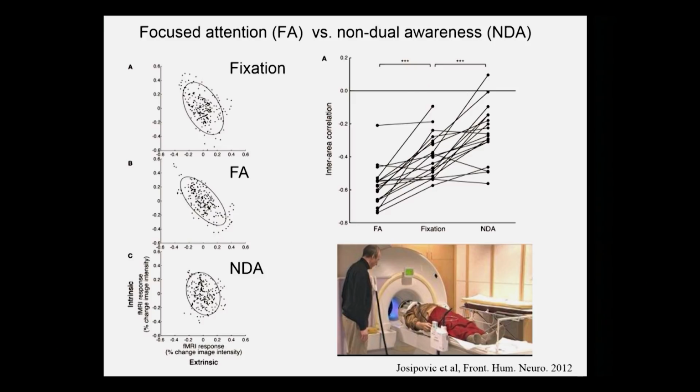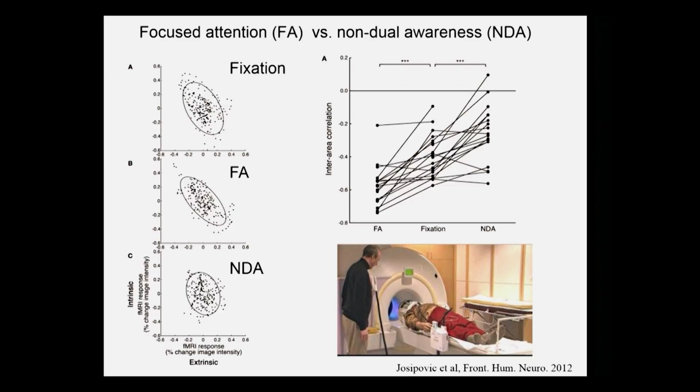It's a very interesting finding in the sense that with focused attention, these two networks actually became more anti-correlated. Whereas in non-dual awareness, where they were being the context where things occur, the anti-correlation became less. And so this leads to potentially a very interesting interpretation, where the type of meditation you do can actually affect the interaction between these two networks.